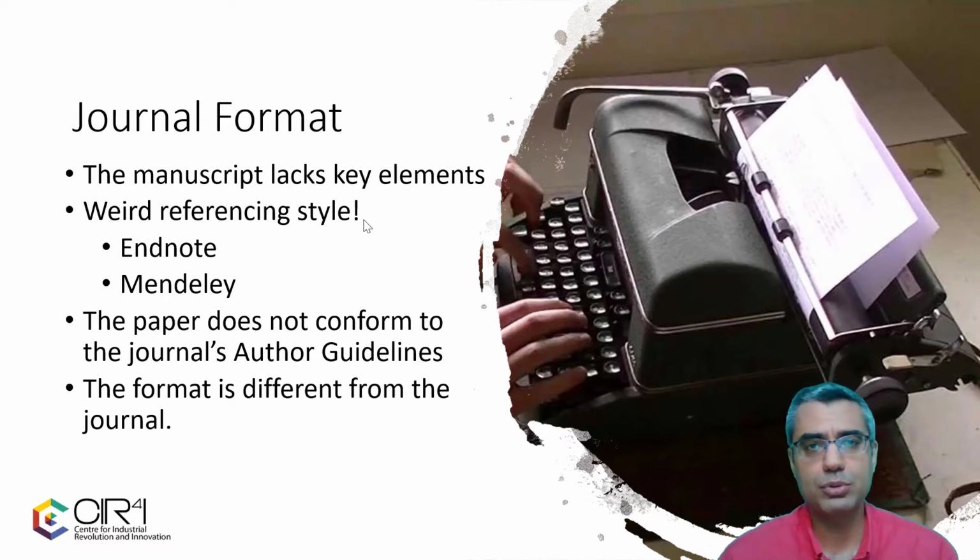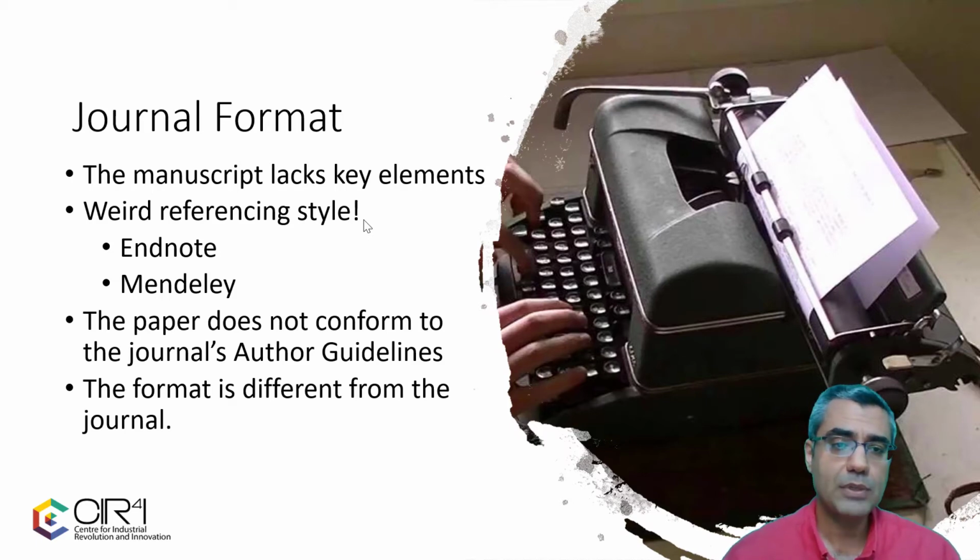So I have to reject immediately or maybe unsubmit the paper. I will give you more examples of author's guidelines, or sometimes one section is missing. So what I suggest is follow the author's guidelines carefully and download a few papers from the journal you want to target and follow their format.